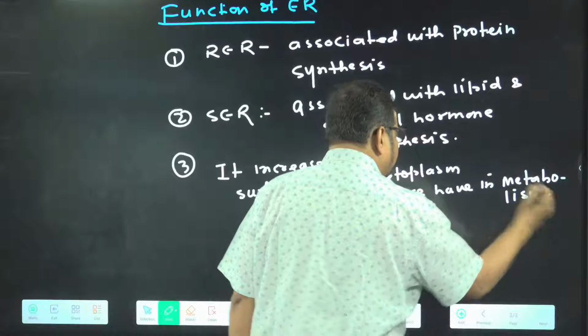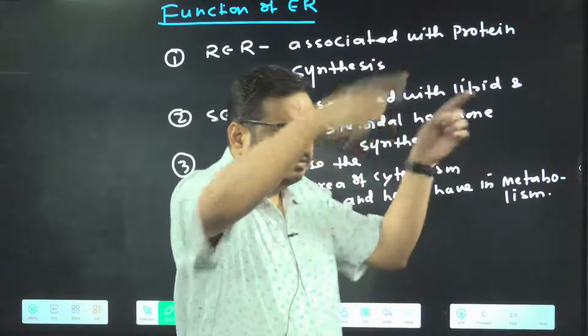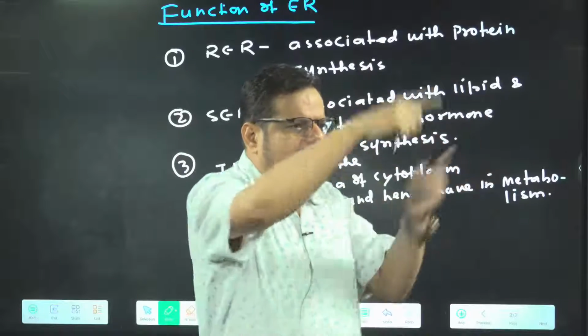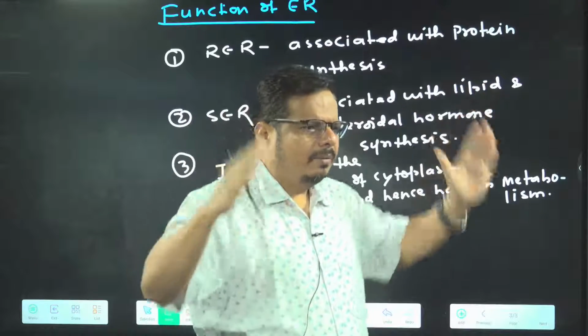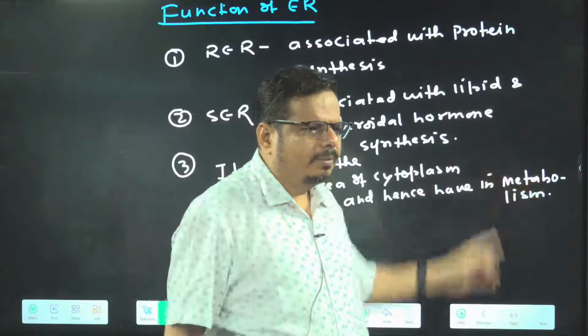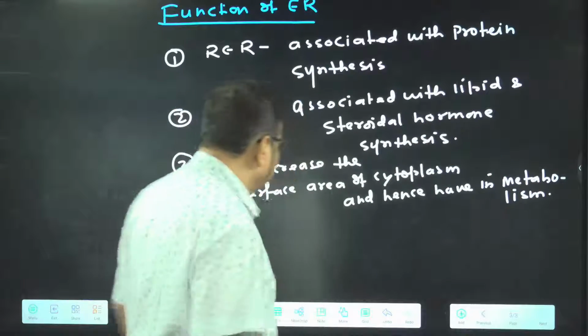Does it increase the surface area of cytoplasm or not? Many tubule-like structures, so many enfolded structures, so surface area increases, so site for metabolic activity increases, so it plays a role in metabolism. More surface, more metabolism.